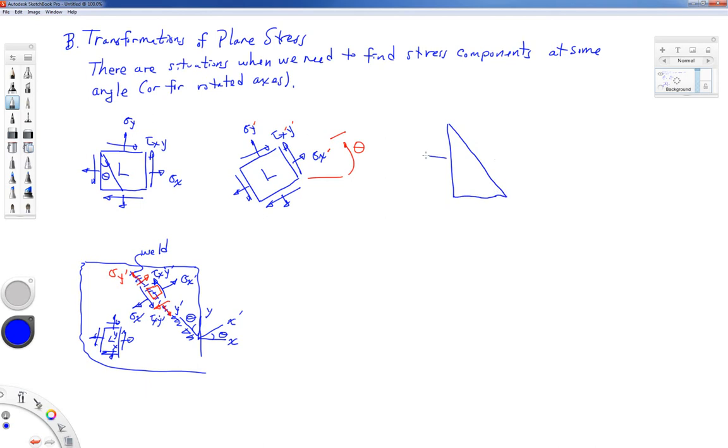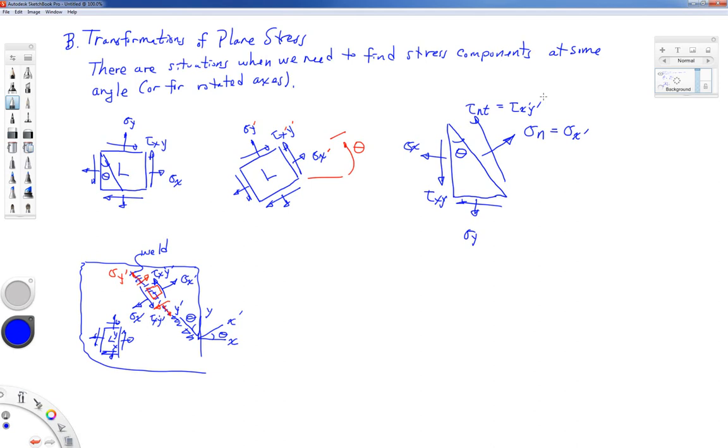Drawing this, of course, we have our starting components of stress, sigma x, sigma y, and tau xy. We may be interested in finding the stresses on this inclined plane, which we're going to label sigma n and tau nt. Now, the sigma n, we're also going to use the notation sigma x prime from time to time, and the tau nt is going to be the same as in that other picture where we use the notation tau x prime y prime.